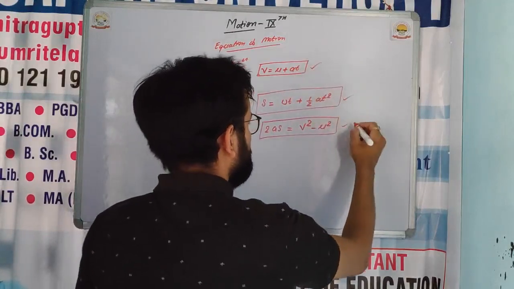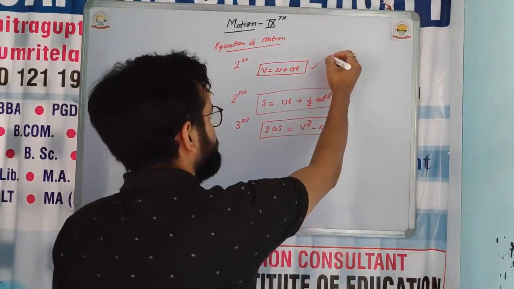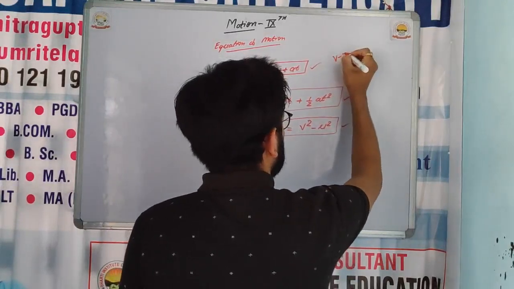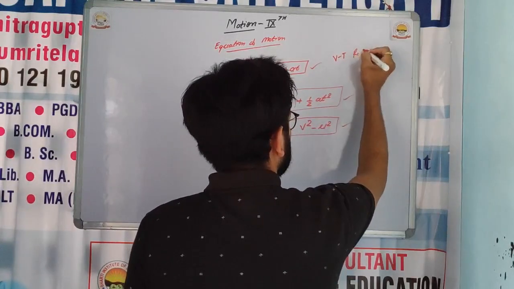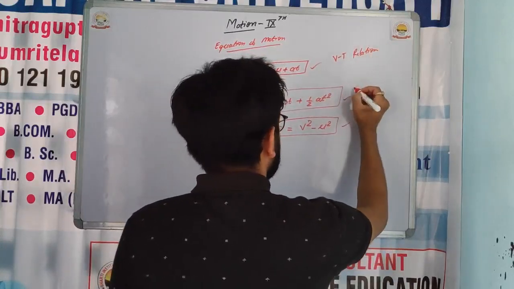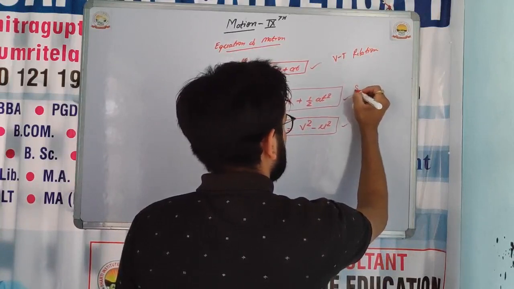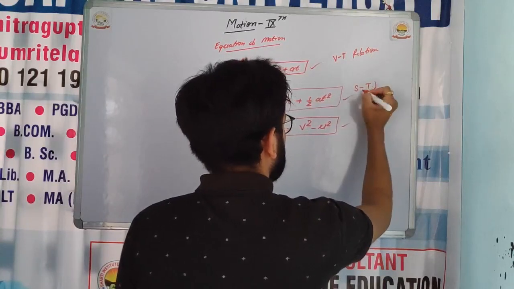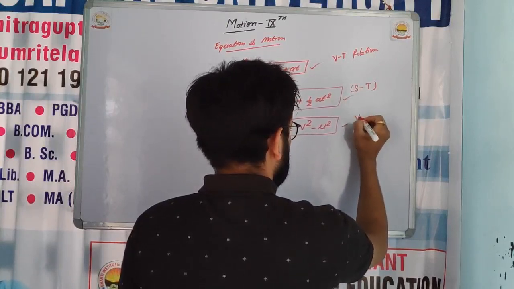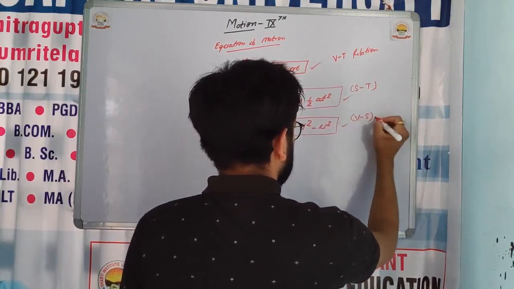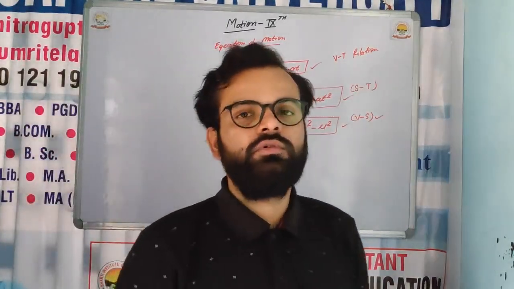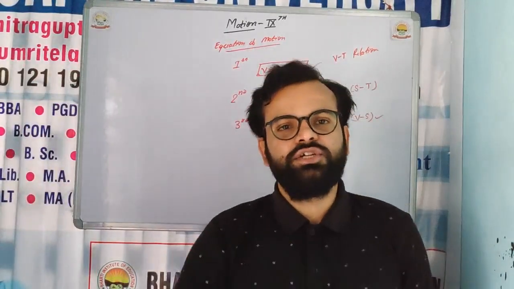First, second and third. The first equation represents the velocity-time relation. The second states the distance-time relation, and the third shows the velocity-distance relation. Actually, the equations of motion are categorized by their relations.